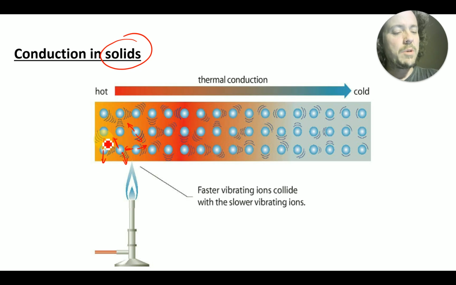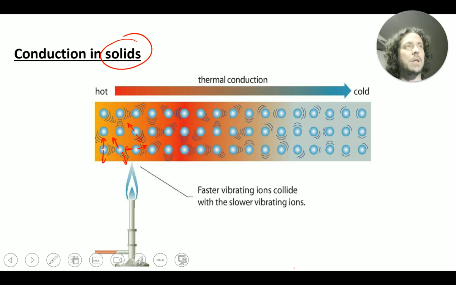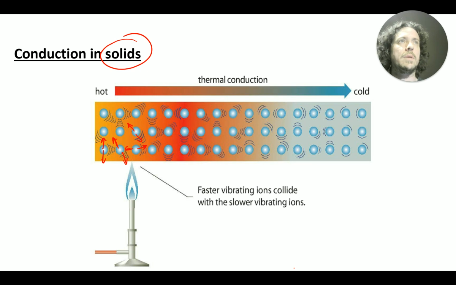In fact, when you touch something that's really hot, like a frying pan or something like that, then what's actually happening is that the sensation you're detecting is the rapid vibration of the particles, and that's transferring heat to your hand really, really quickly and causing a burn.